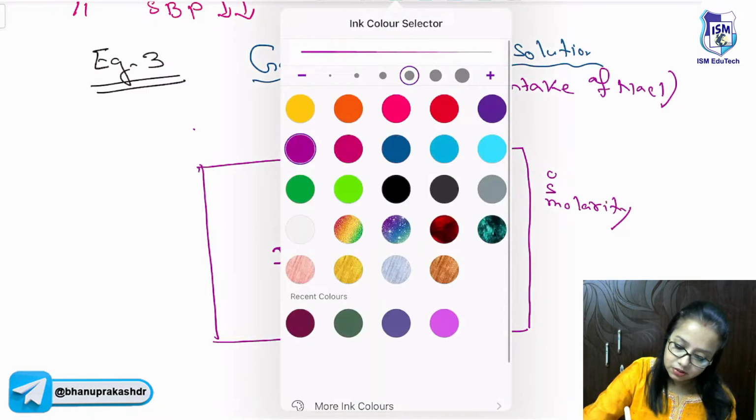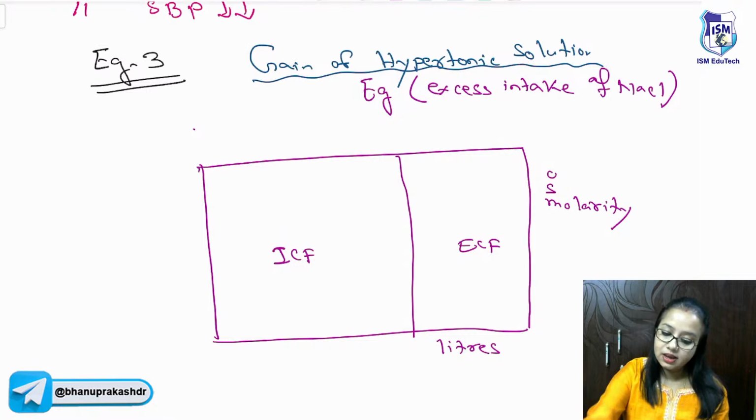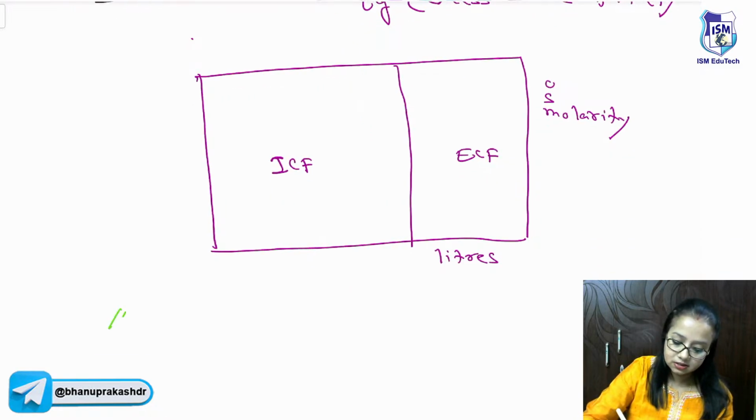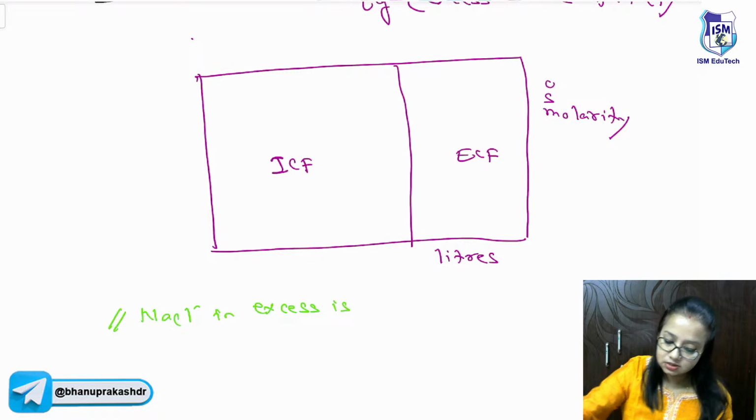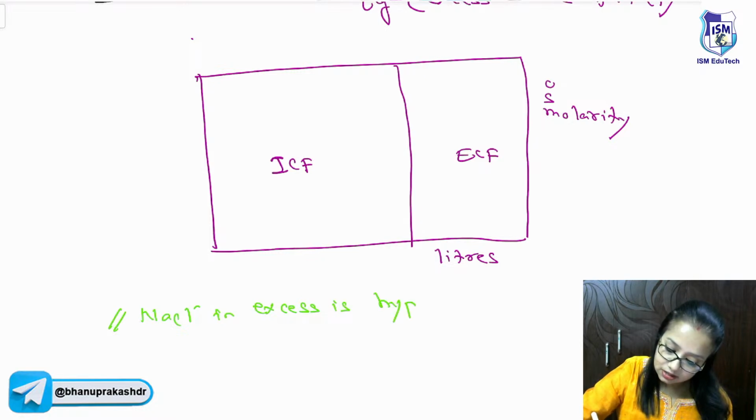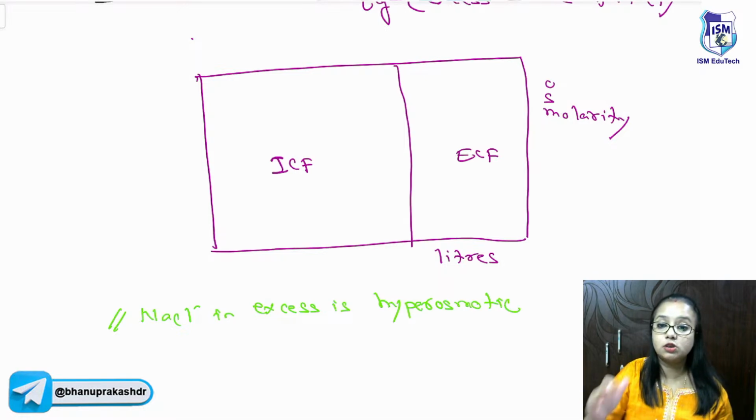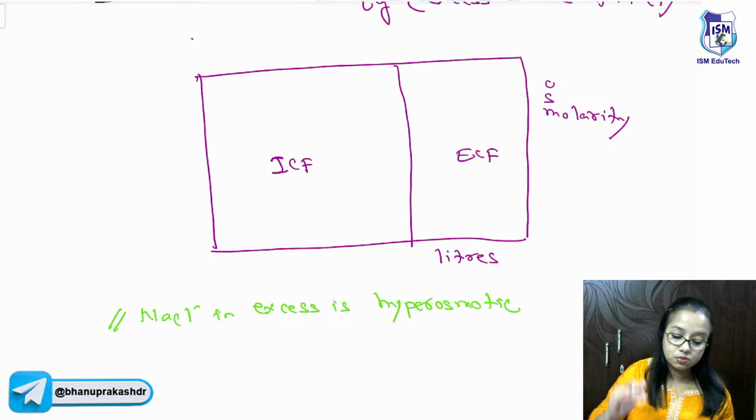Now, when there is excess of sodium chloride, it is hyperosmotic, meaning the osmotic pressure in a solution that has more sodium chloride is more.